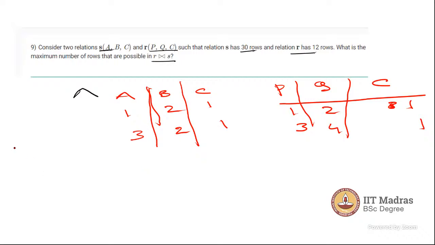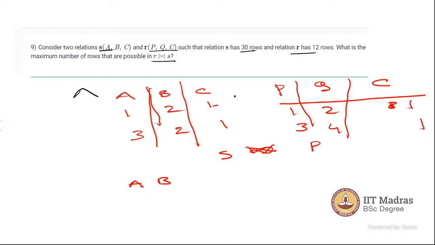What will be the output of R natural join S? It will return 4 tuples, right?